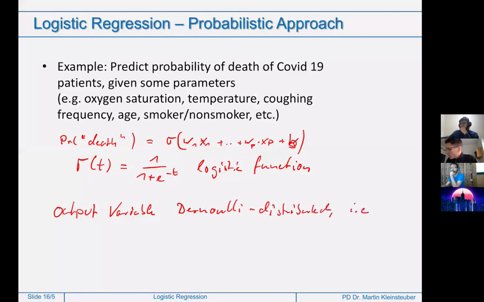That means we have the event death is 1 and then not death being 0, and we have our output variable. I call it Z, Bernoulli distributed with 0 and 1, right?